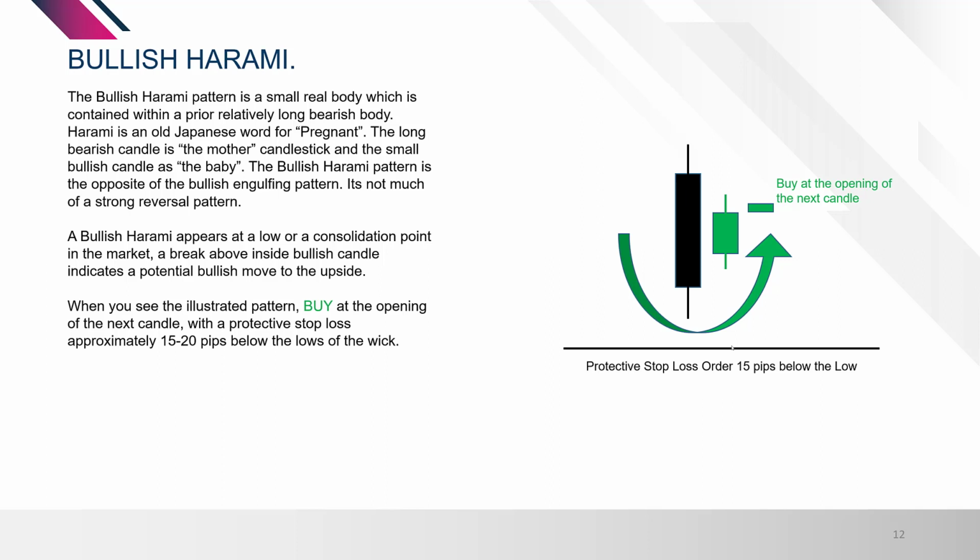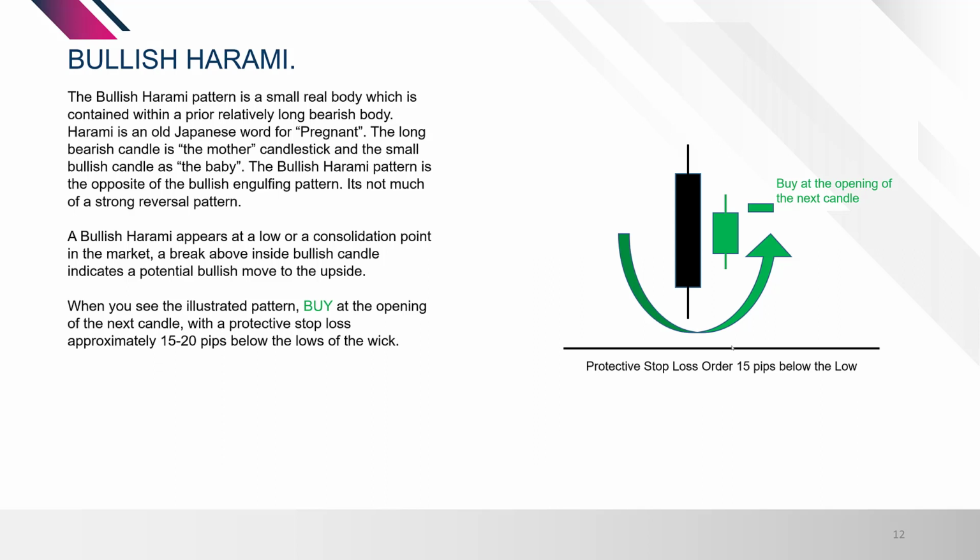The long bearish candle is the mother, and the small bullish candle is the baby. The bullish harami pattern is the opposite of a bullish engulfing pattern. It's not much of a strong reversal pattern, so you really need to be careful and consider other aspects of your price action when you are using this pattern.